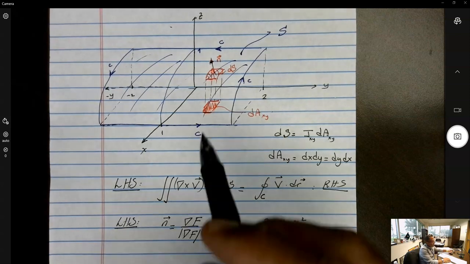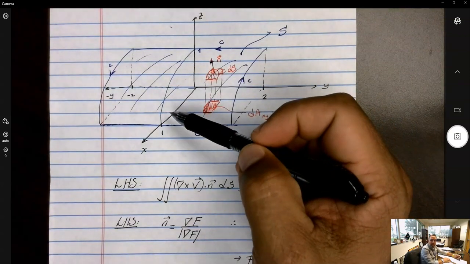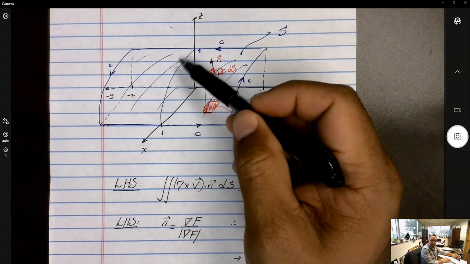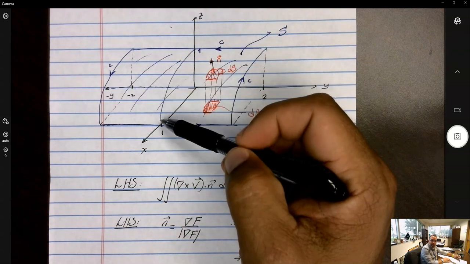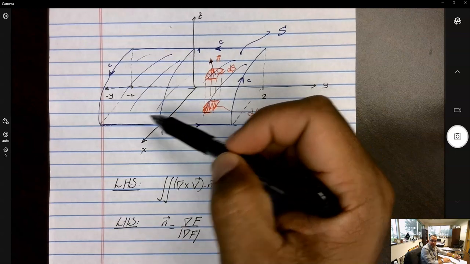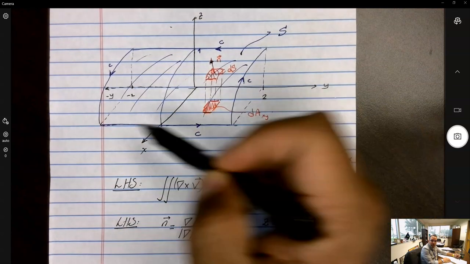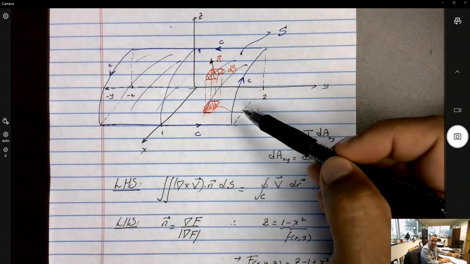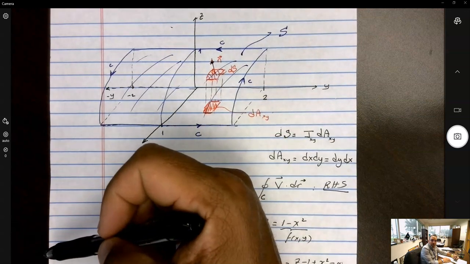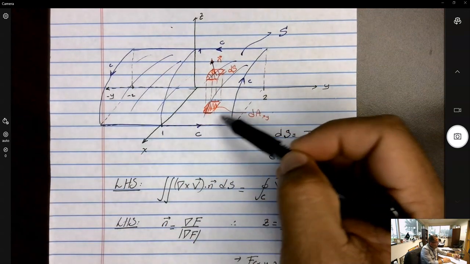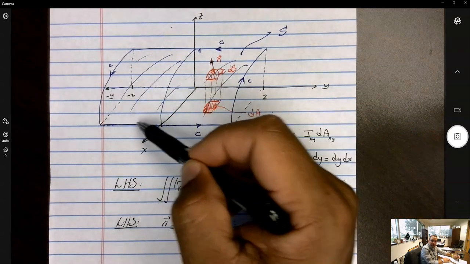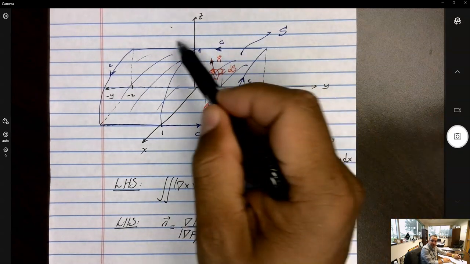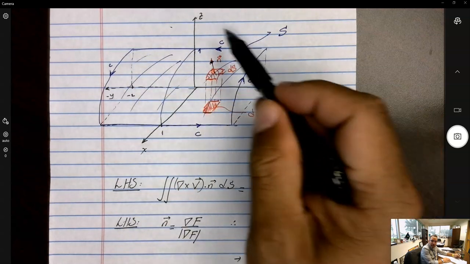So again, the surface defined by z equals 1 minus x squared is just basically a parabola in the xz plane. And since it's valid between y equals minus 2 and y equals 2, you just basically repeat that parabola along the y-axis. And basically the surface is the shaded area. That surface is bounded by this contour line C in that particular direction.